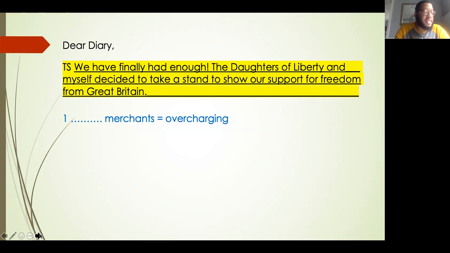There were merchants in the colonies that were overcharging people for their goods. So that's the first thing that happened. Deborah and the other Daughters of Liberty realized that merchants were overcharging. The second thing that happened in Act 4, they confronted Thomas Boylston. And so I just put confronted and then I abbreviated his first name, T and then Boylston.